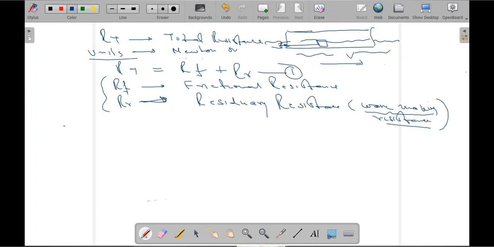This total resistance is what is required to calculate the power required by the ship's engines to move the vessel at speed V, because this resistance corresponds to speed V. And power, although it is too early to give this formula, but anyway, power is RT into V.